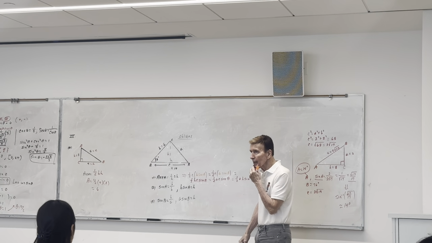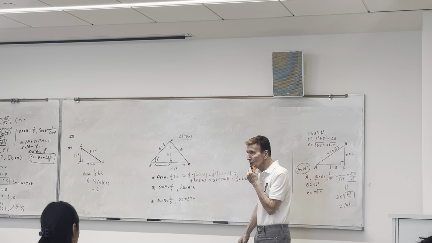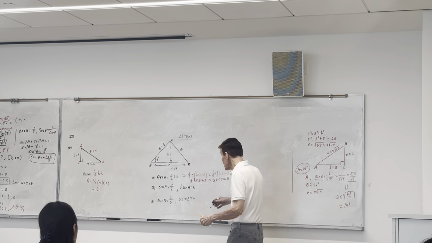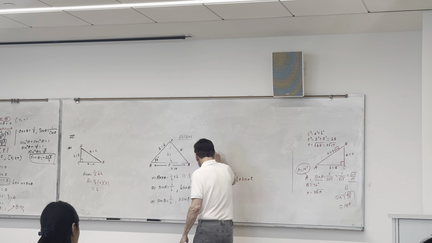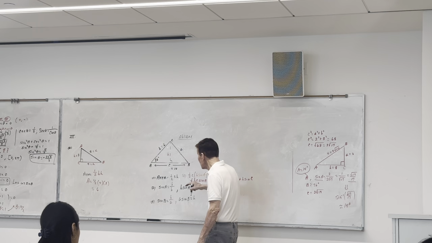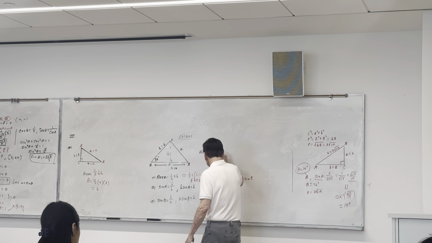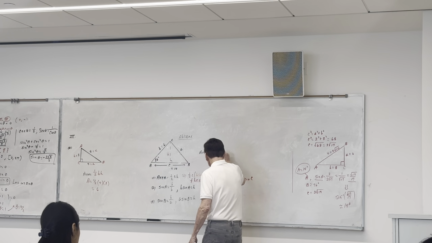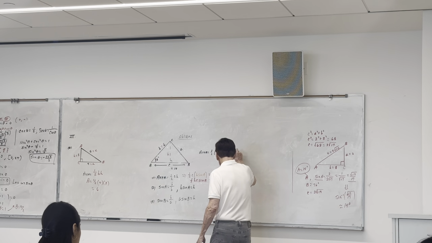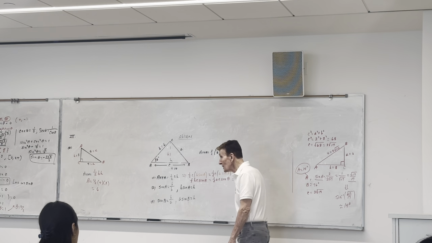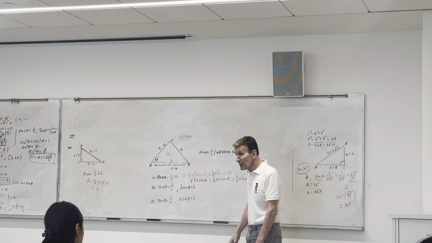And I ask you to find the area of that triangle. You said, Professor, it comes down to one-half times the product of those two sides, 6 and 10, times the sine of the included angle, and I threw in 30, included between those two sides, and do a calculation, you got the area.